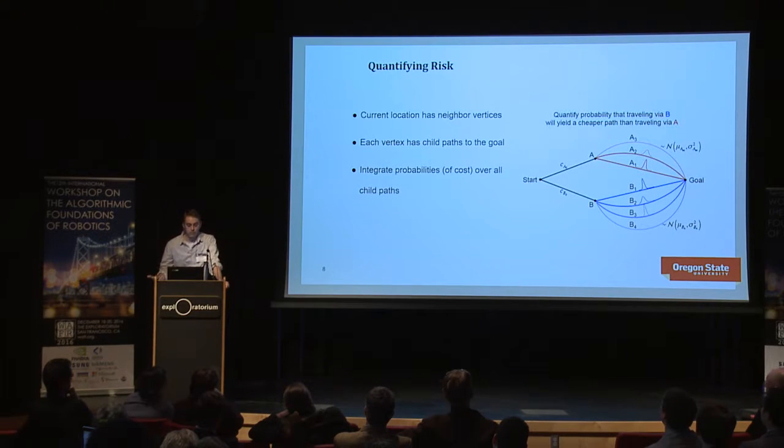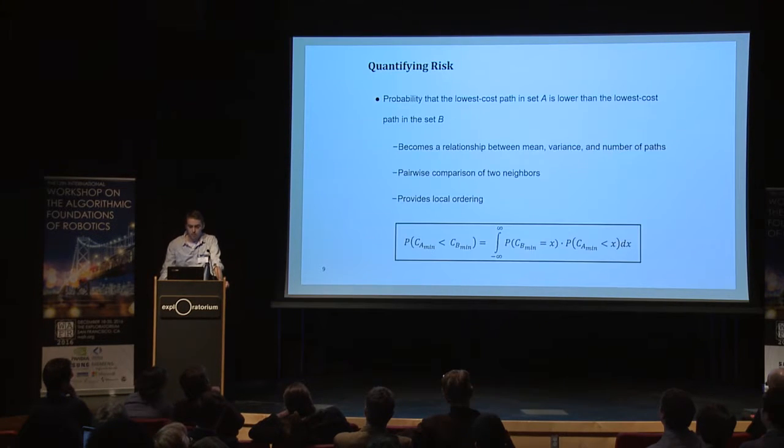We're going to integrate over all those child paths in order to identify the probability that the lowest cost path in set A is lower than the lowest cost path in set B. That's a bit confusing, but it becomes a relationship between the mean, the variance, and the number of paths. This allows us to do local ordering, so we can determine which neighboring node would be the ideal node to continue along in order to reduce the risk of a high cost path.